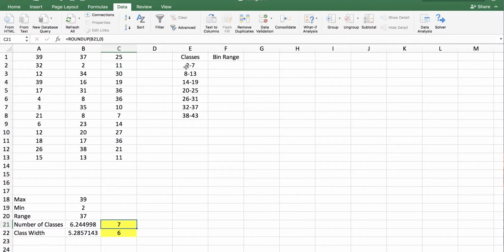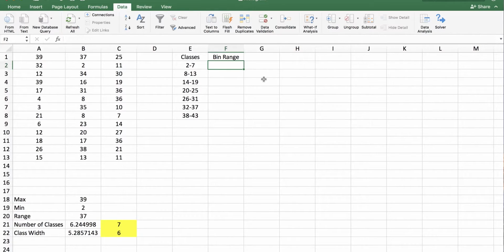So in this set of classes, I ensure that every value is included because the lower limit of the entire set of classes is 2, and the upper limit of the entire set of classes is 43, which means that the lower limit is the same as my minimum, and the upper limit is greater than my maximum, which is great, okay? So the next set of values are called the bin ranges, and this set of values will help us construct a histogram in Excel, okay?